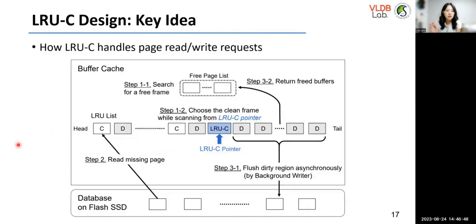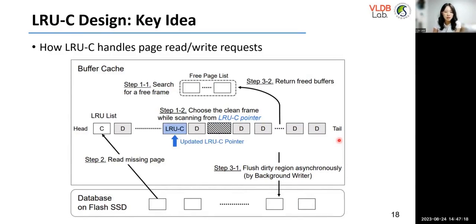So let's first see how LRUC works upon a page miss. Like before, the foreground thread first looks for a free buffer frame in the free list. If there isn't any, then LRUC scans for a clean page after the LRUC pointer. This is very beneficial because it only has to scan 1 or 2 pages from the pointer, whereas vanilla MySQL had to scan all the way from the LRU tail.